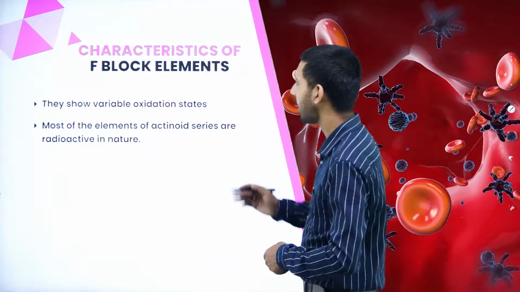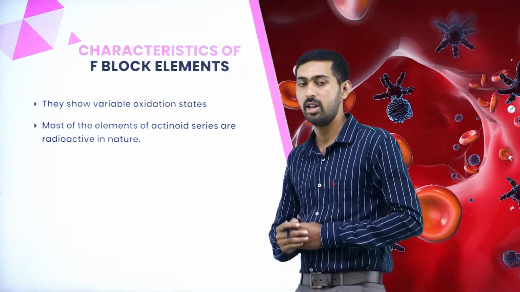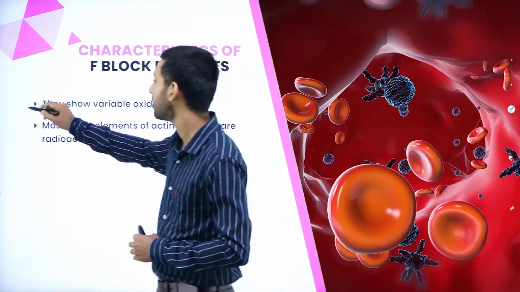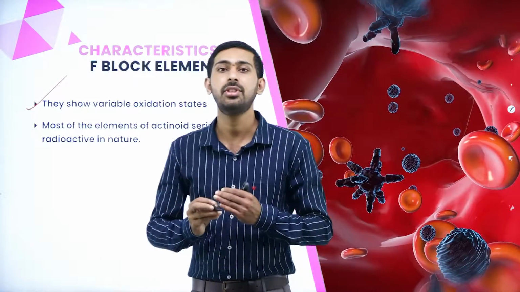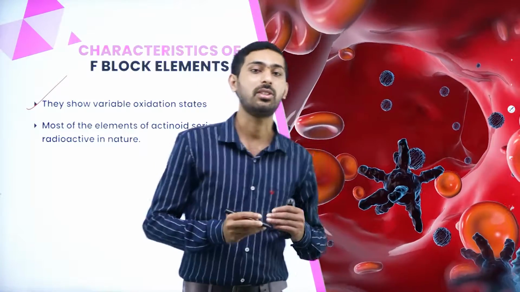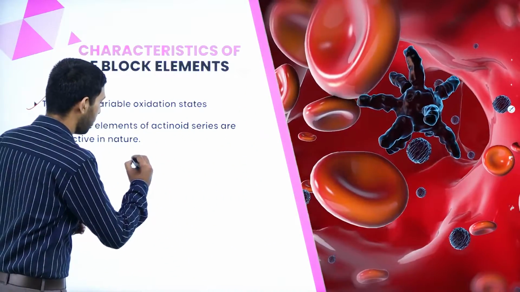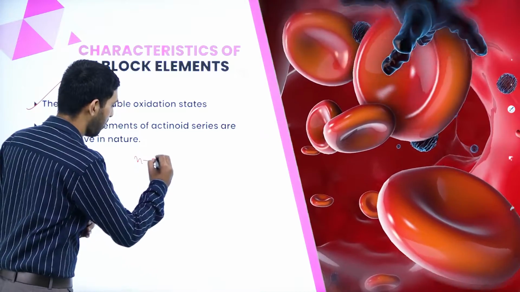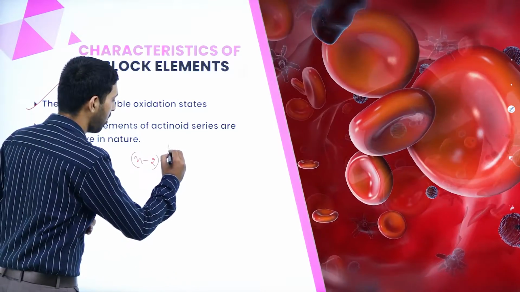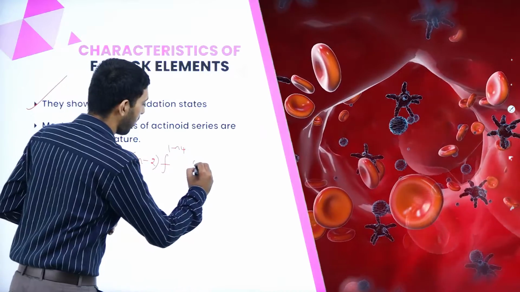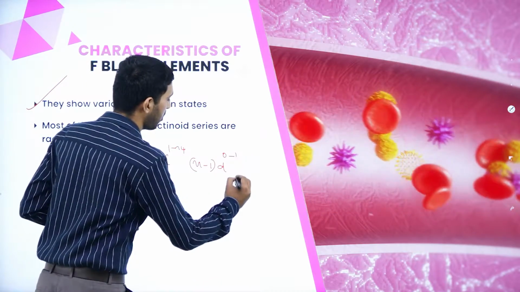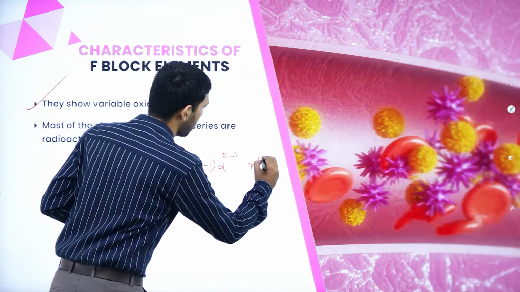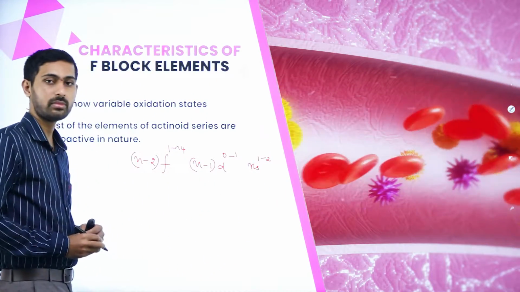Next are the characteristics of F block elements. Why do these elements show variable oxidation states? Because in F block elements, electrons are entering the antepenultimate shell. The general electronic configuration is (n-2)f 1 to 14, (n-1)d 0 to 1, ns 2.